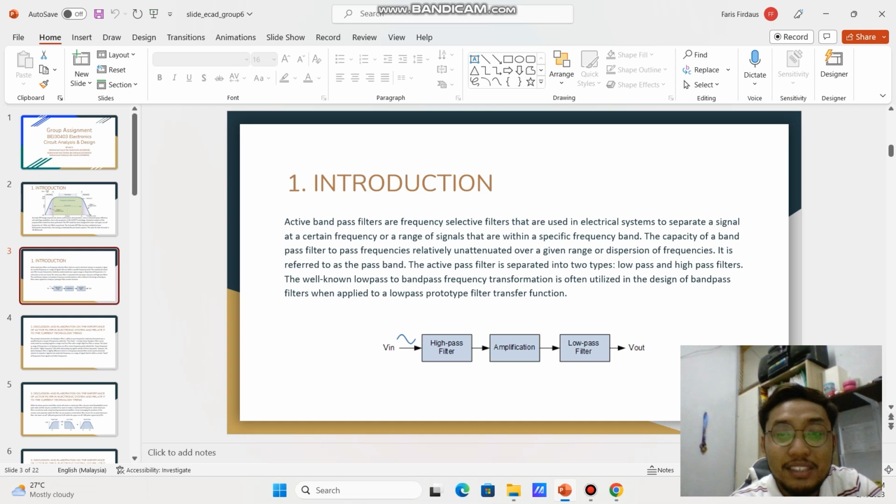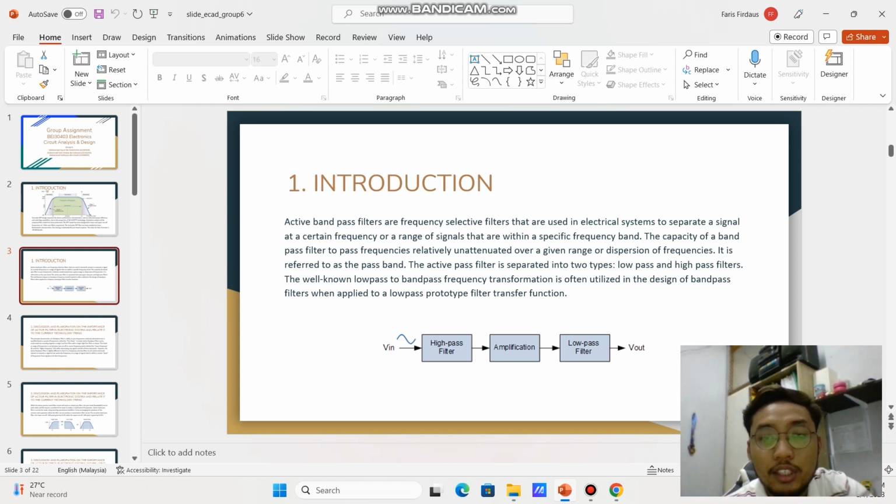The active filter is separated into two types, which are low pass and high pass filter. The well-known low pass to band pass frequency transformation is often utilized in the design of band pass filters when applied to a low pass prototype filter transfer function. So here is a diagram for high pass filter to amplification to low pass filter and to band pass filter.